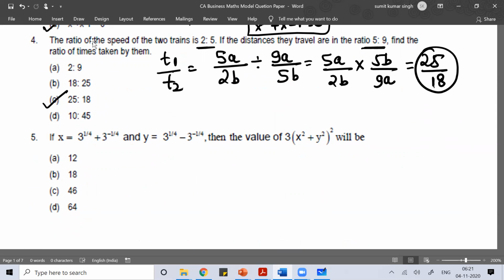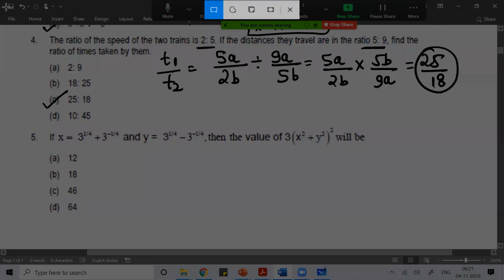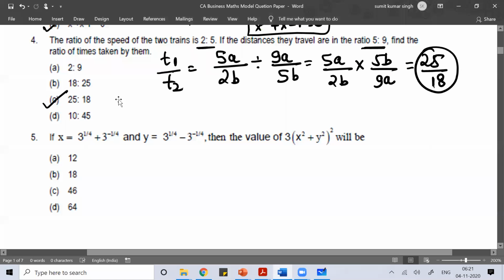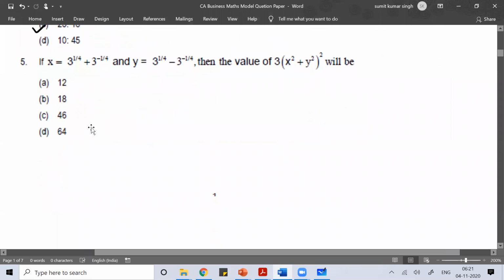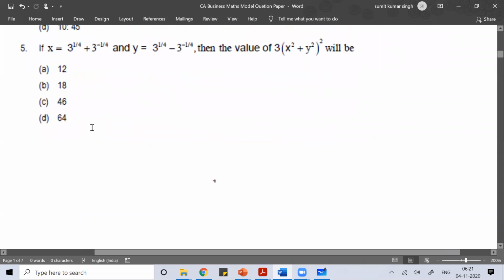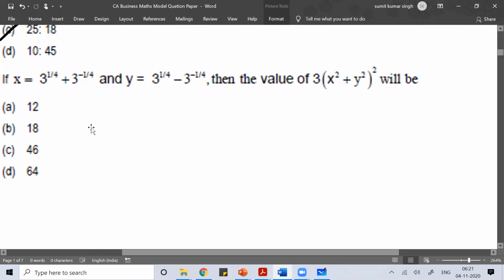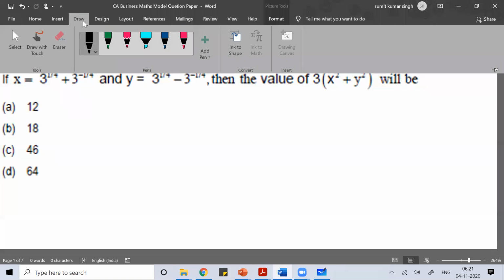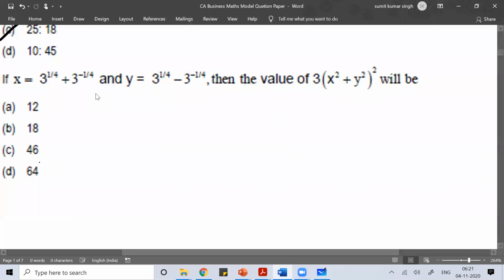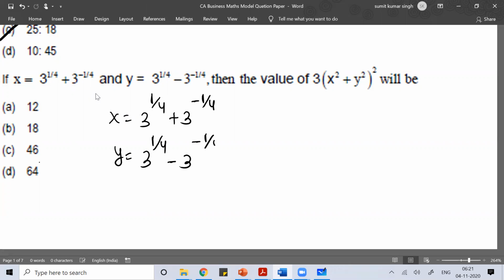So question number 5, you can see question number 5. Enough space is there. I hope this is visible for you clearly. If it's not visible, I'll write it down for you. So x is equal to 3 to the power 1 by 4 plus 3 to the power minus 1 by 4, and y is equal to 3 to the power 1 by 4 minus 3 to the power minus 1 by 4.